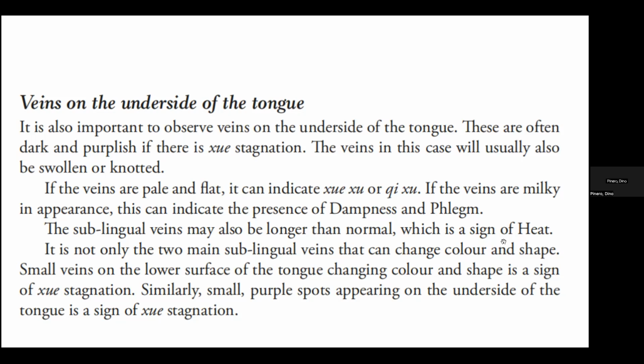Similarly, small purple spots appearing on the underside of the tongue is a sign of blood stagnation. So, check po natin yung purple spots, ang mas mahaba na sublingual veins, and changes in coloration na nag-indicate ng blood stagnation.